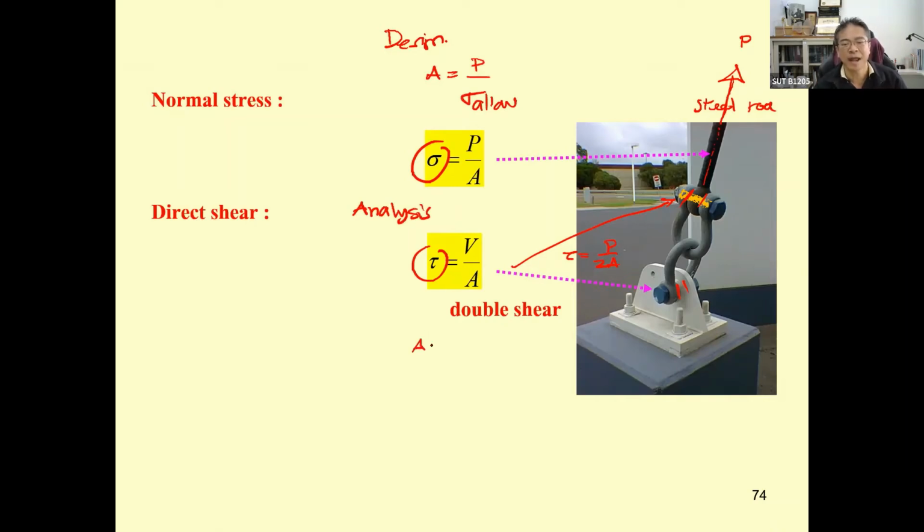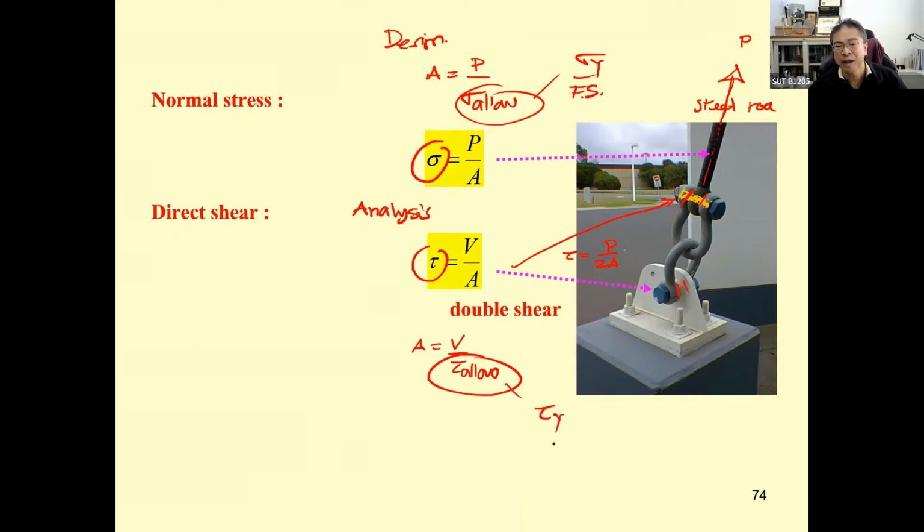It's going to be A equals V over tau allowable. I will give you this one. If I do not give you sigma allowable directly, it can be sigma sub y divided by factor of safety, the same as tau allowable is going to be tau sub y divided by factor of safety.